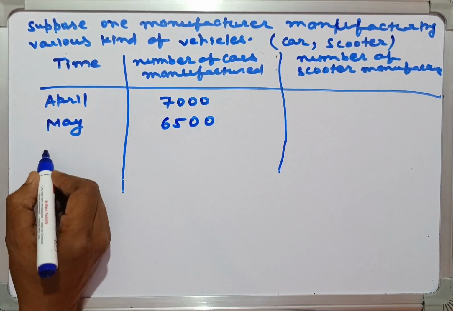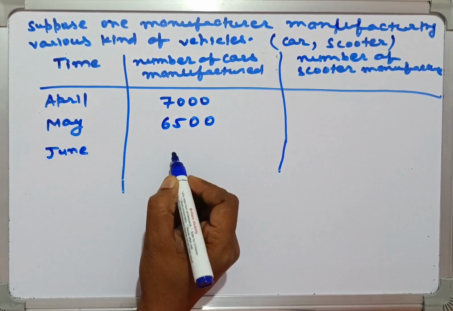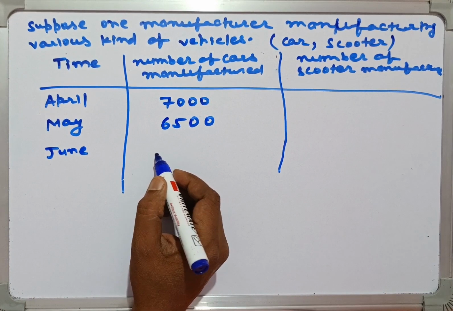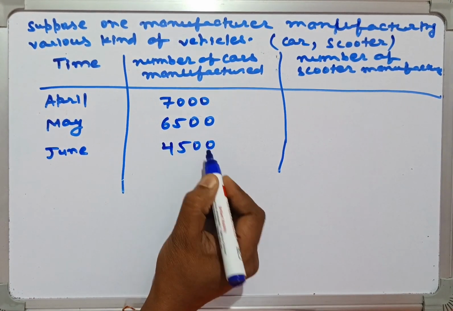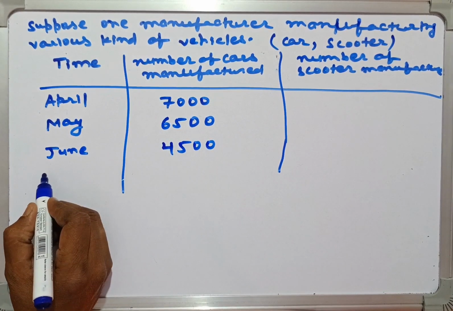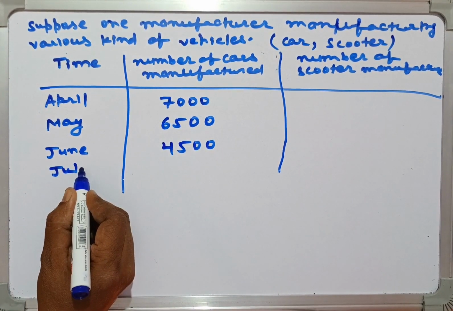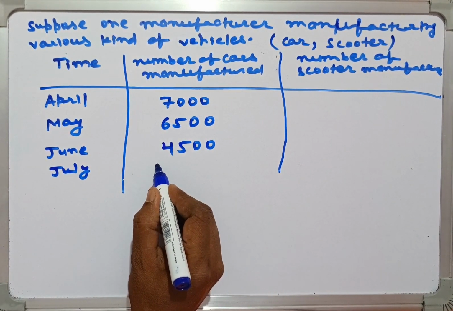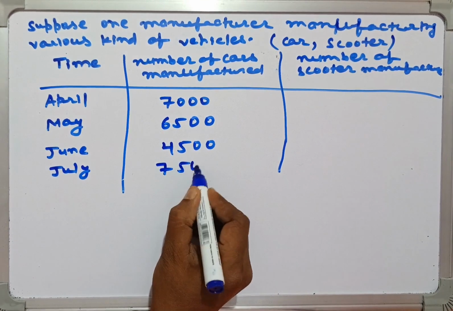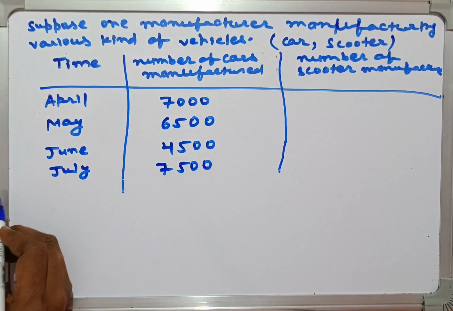Okay guys, in month of June he manufactured 4,500 cars, and in month of July he manufactured 7,500 cars.